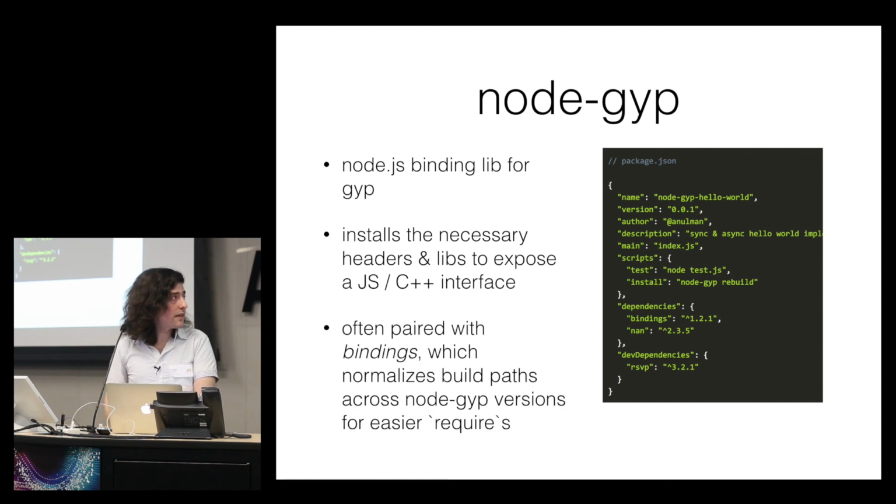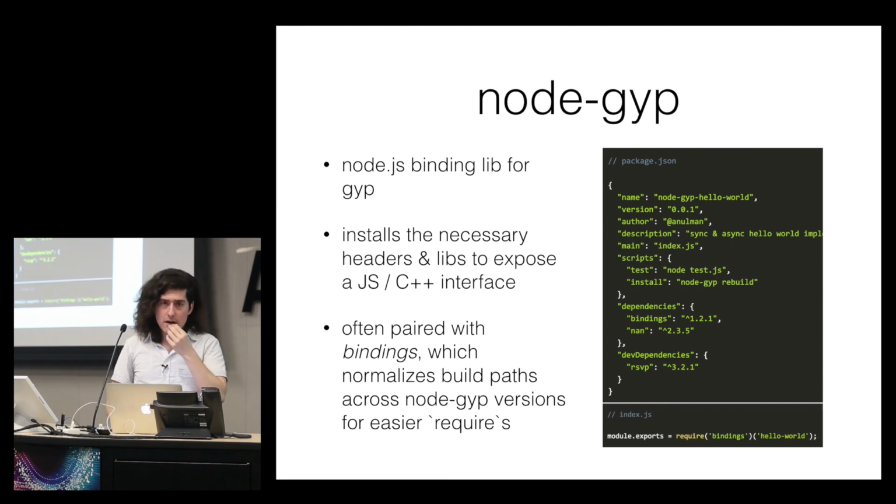You'll also see the dependency there of bindings, which is what we use to normalize build paths across all of the different versions over Node's lifetime.